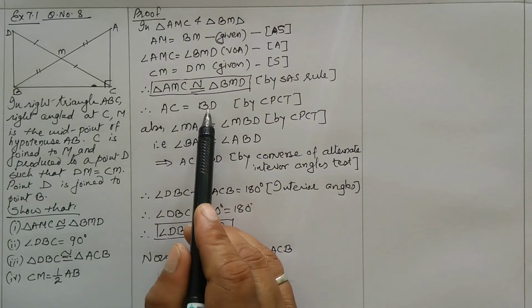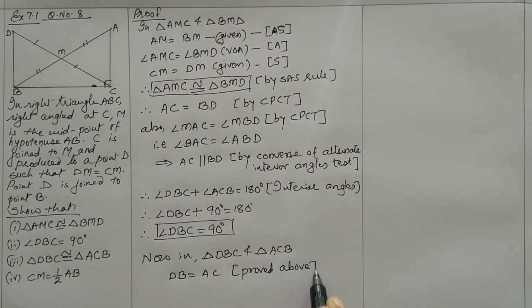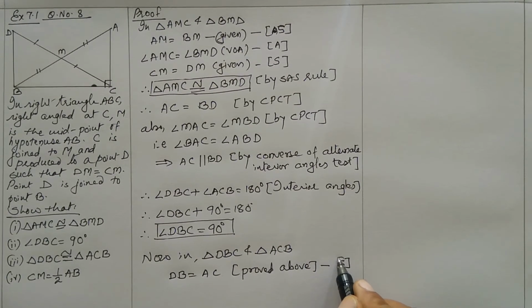Here see AC is equal to BD, so DB is equal to AC we can write, proved above. So this is one pair of corresponding sides.